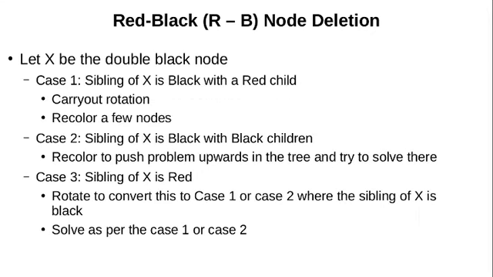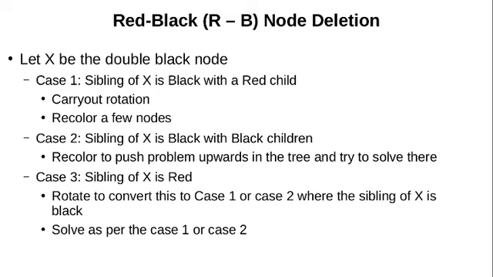In this slide, we summarize various cases and associated actions. Let X be the double black node after deletion of the black node Y. Case 1 is the sibling of X is black with a red child. That is, the sibling of deleted node Y is black with a red child.